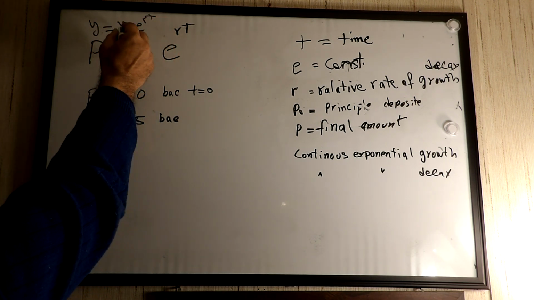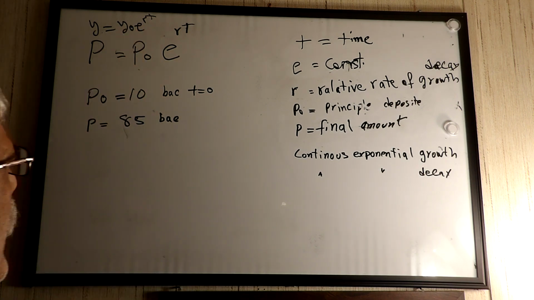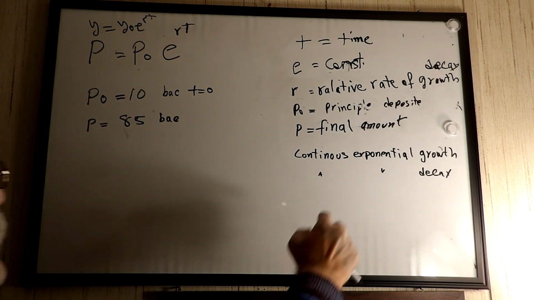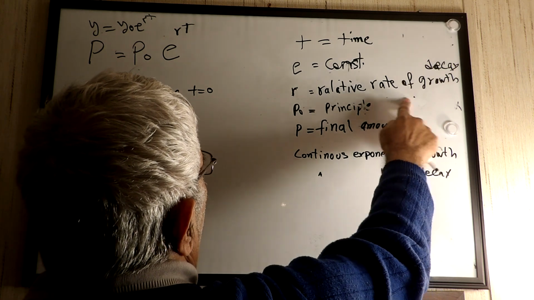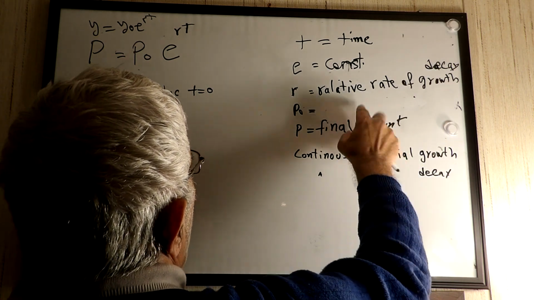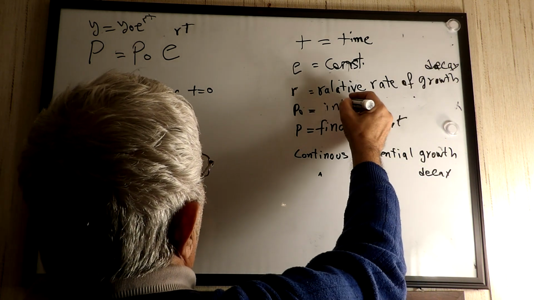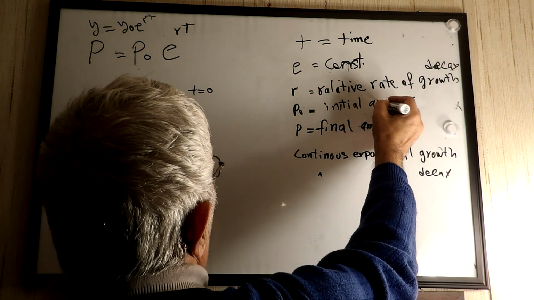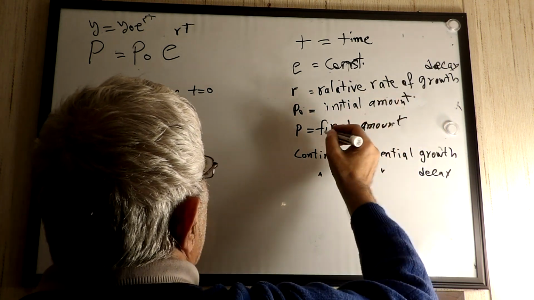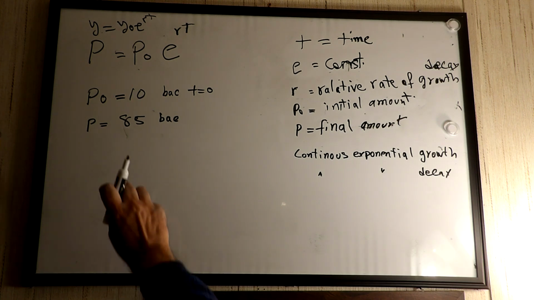This is the same. This y0 is the principal, the initial amount, and that P is the final amount. The initial amount is 10.